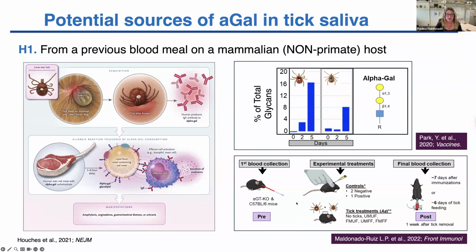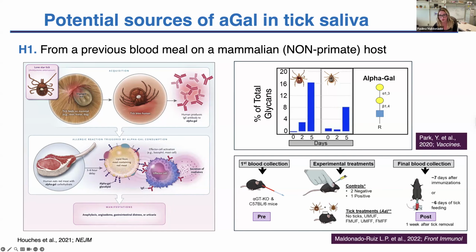So we tested this in an animal mouse model. We used this humanized mouse model that has been extensively used to test for alpha-gal. And what we used is different treatments of ticks. So we infested the mice with ticks that have been previously fed on bovine blood or unfed.